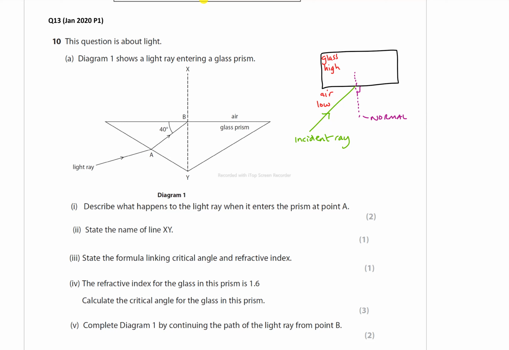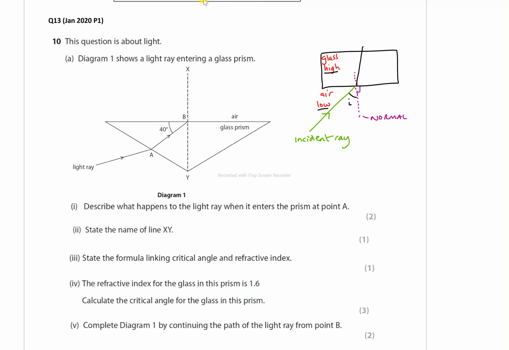Right, now because you're going from low to high, this angle here is your angle of incidence. Instead of it going straight that way, what's going to happen? It's going to bend towards the normal.